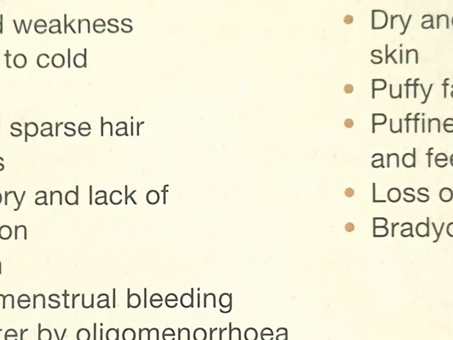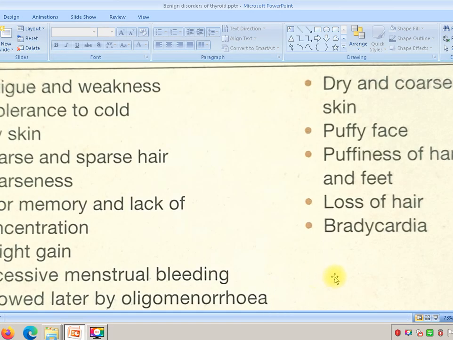Coming to the signs and symptoms associated with hypothyroidism, that is fatigue and weakness, intolerance to cold, dry skin, coarse and sparse hair, hoarseness, poor memory and lack of concentration, weight gain, excessive menstrual bleeding followed later by oligomenorrhea.